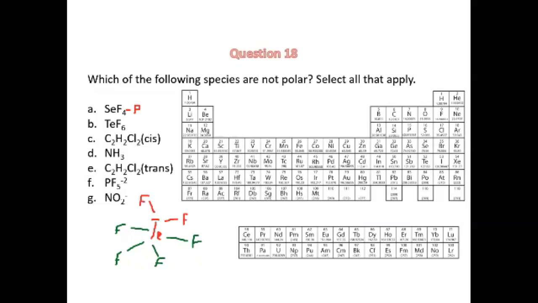Since there are all bonding pairs of electrons around the tellurium, and they're all the same type of atom, all fluorines, this molecule is nonpolar. So anytime you only have bonding pairs of electrons around a central atom and they're all the same type of atom bound to the central atom, it's a nonpolar molecule.